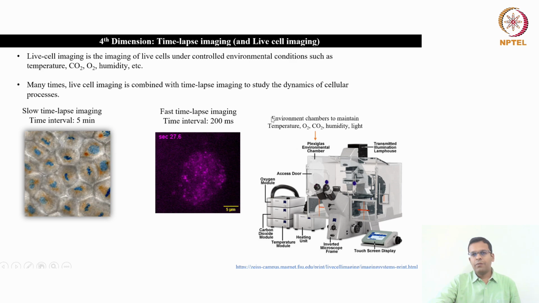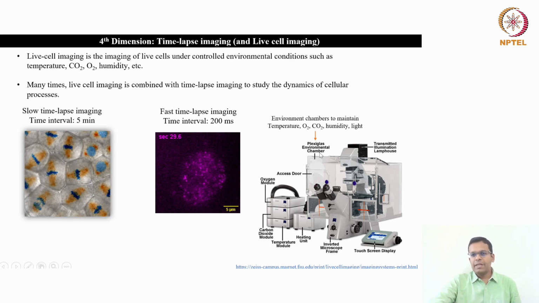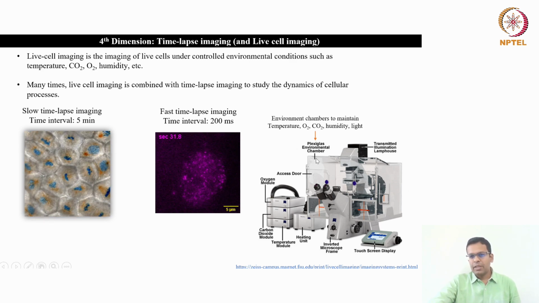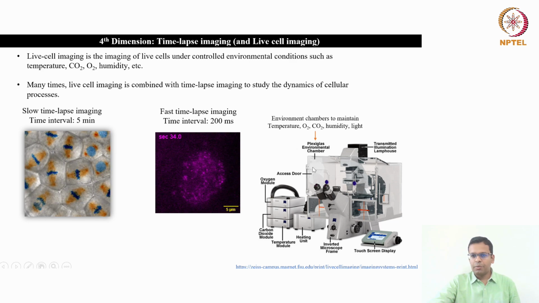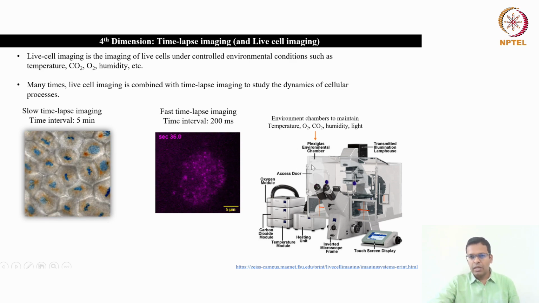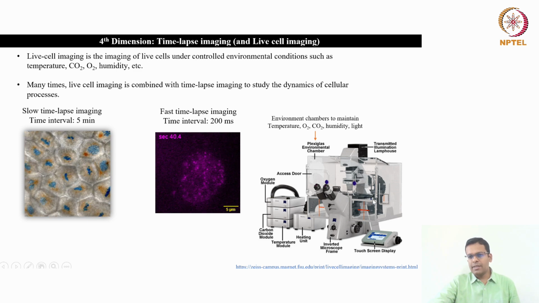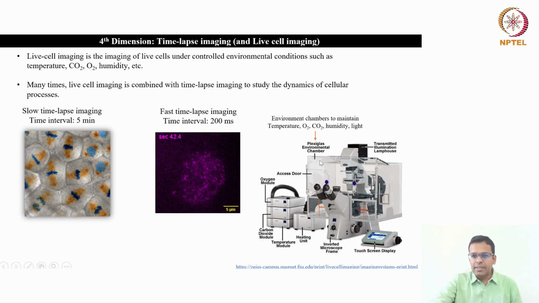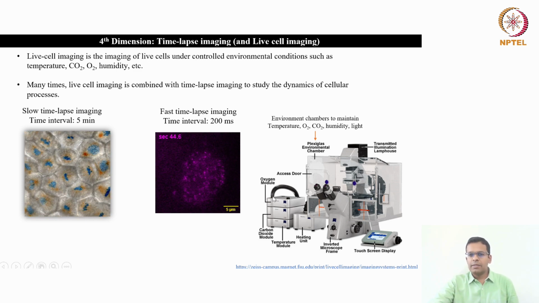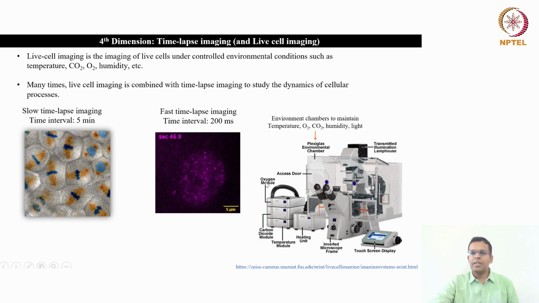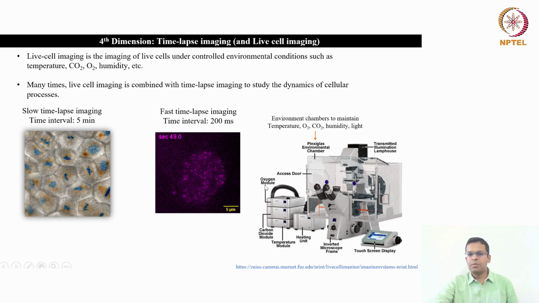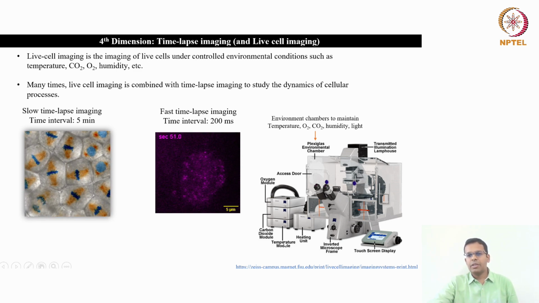For live cell imaging, the microscope has an environmental chamber. You can see a box on top of this microscope, a transparent box made of acrylic or glass. Inside this box, there are assemblies to maintain the specific oxygen level, carbon dioxide level, temperature, and humidity.